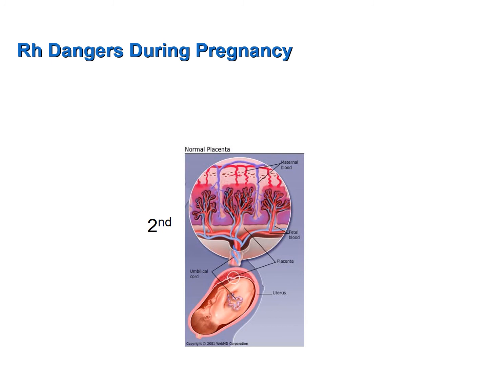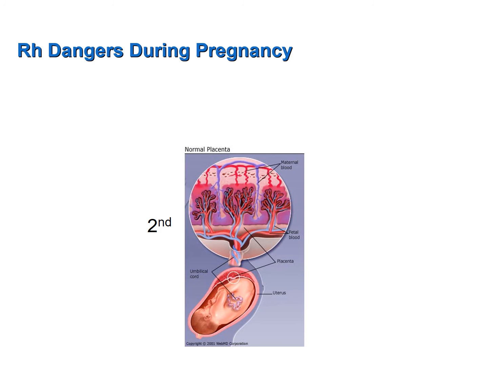So, an Rh negative mother successfully delivers an Rh positive child, no problem. Now comes the second pregnancy. Again, the Rh negative mother is carrying an Rh positive child. The mother, since she was exposed to the Rh antigen in the previous pregnancy, might have a large amount of anti-Rh antibodies circulating in her blood.